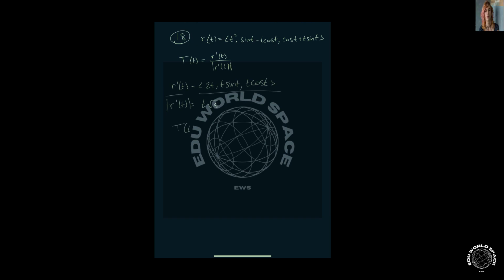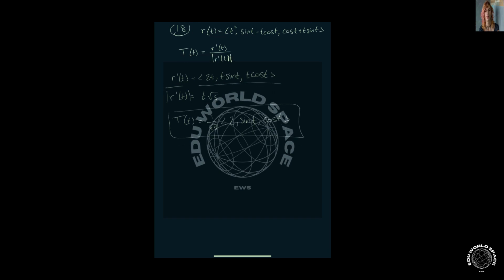So our unit tangent vector is going to end up giving us 1 over root 5 times 2, sine t, cosine t. And that right there is our unit tangent vector.